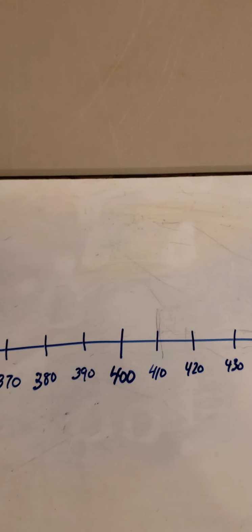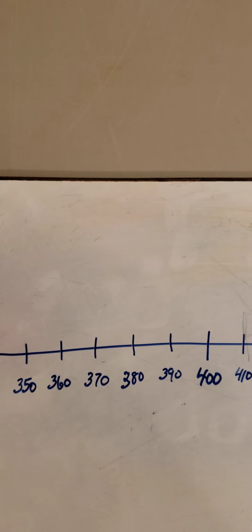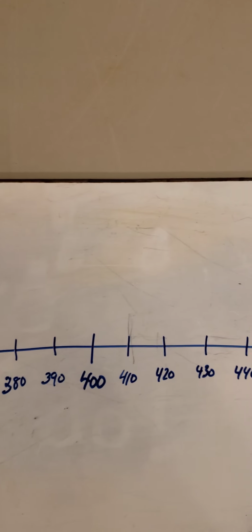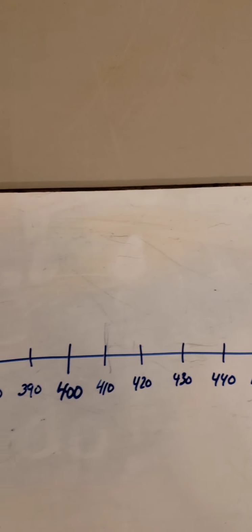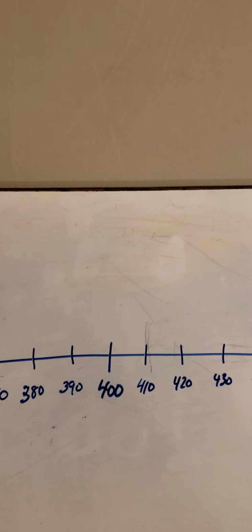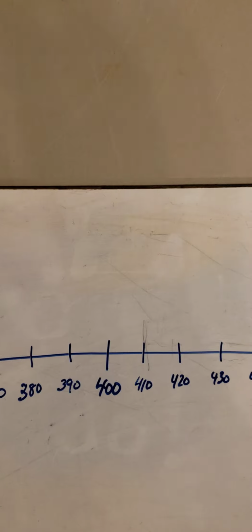Well, let's see how much of this we can look at. So if I start over here at 350 and I go all the way on my number line to 450, I'm trying to stay towards the middle and do as much as I can with 400.